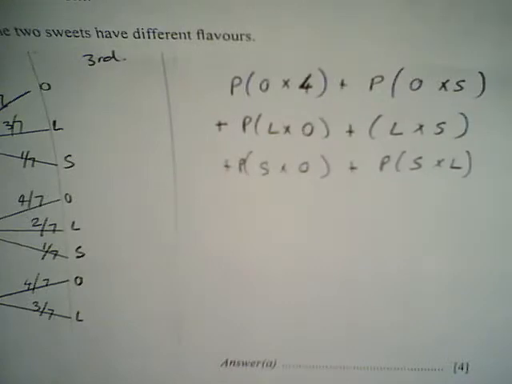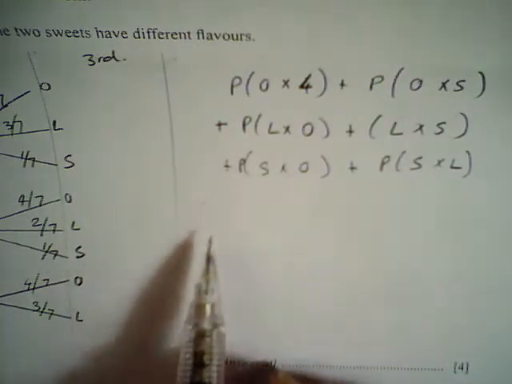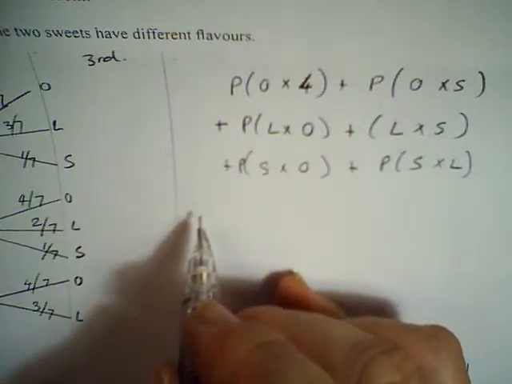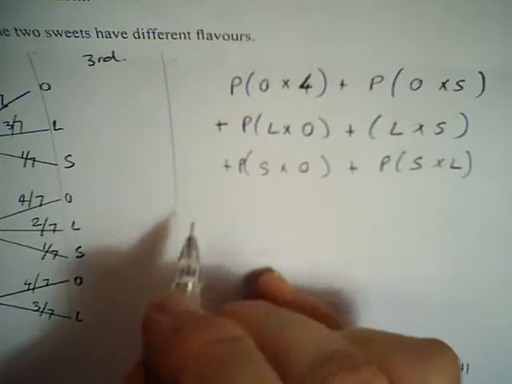Okay, good, there we go. Now I need to fill in the probabilities of each one of them and then write down the answer. Okay, so let's quickly do that.